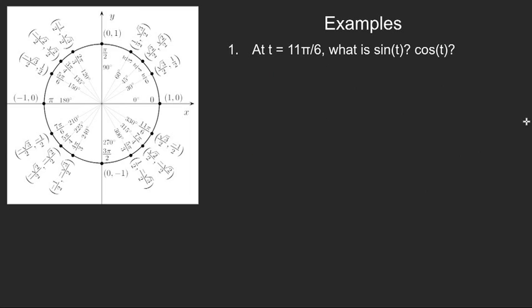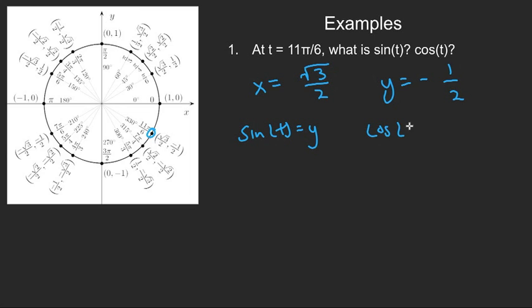So we have terminal point 11 pi over 6, and at this point, we have to find sine of t and cosine of t. So let's find 11 pi over 6 on the unit circle. See, that's here, and we have that the x-coordinate is root 3 over 2, and the y-coordinate is negative 1/2. We also know, again, that sine t is equal to y and cosine of t is equal to x.